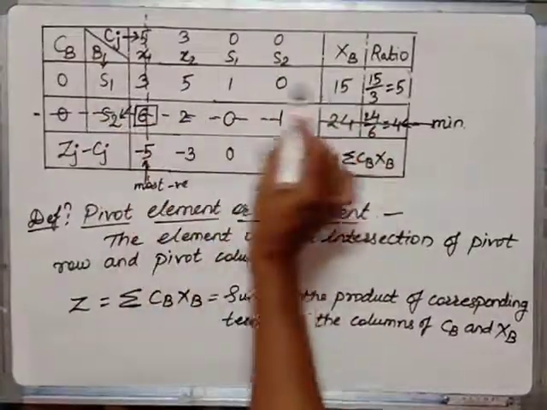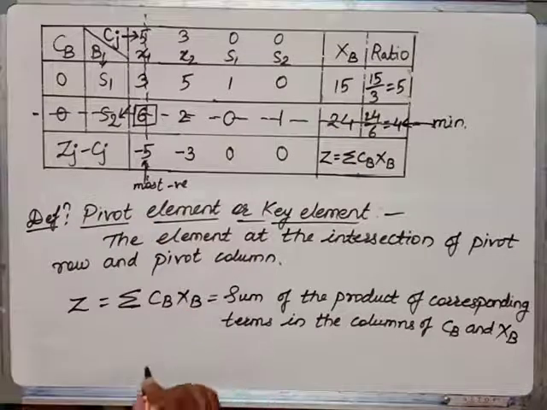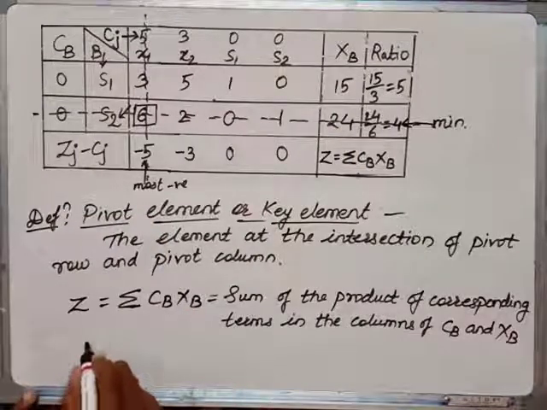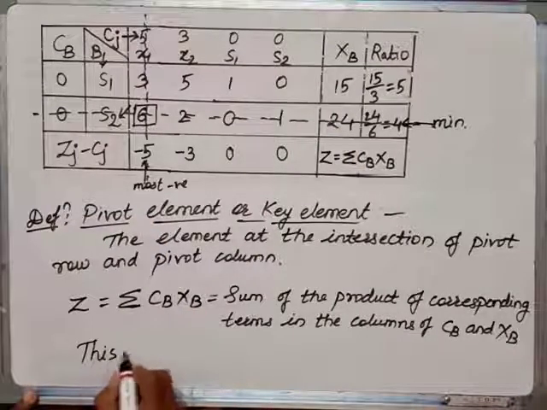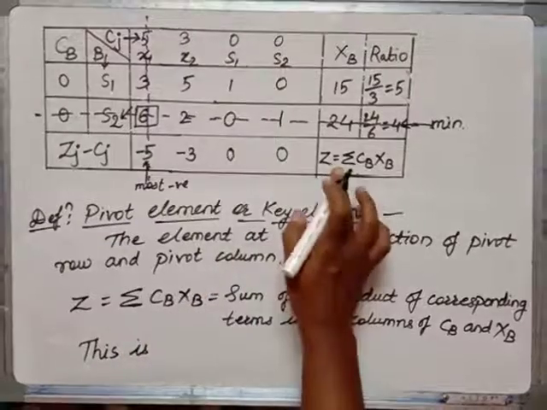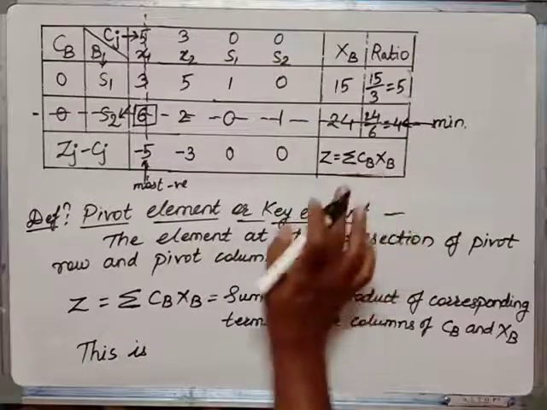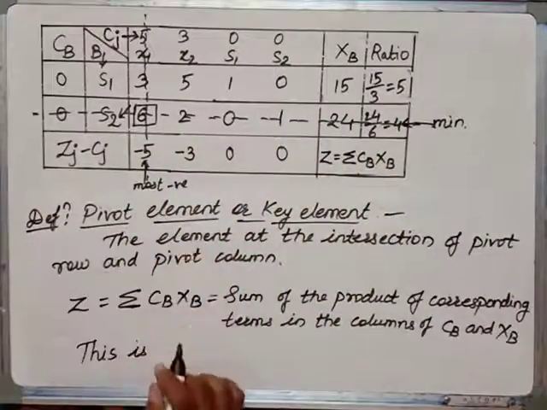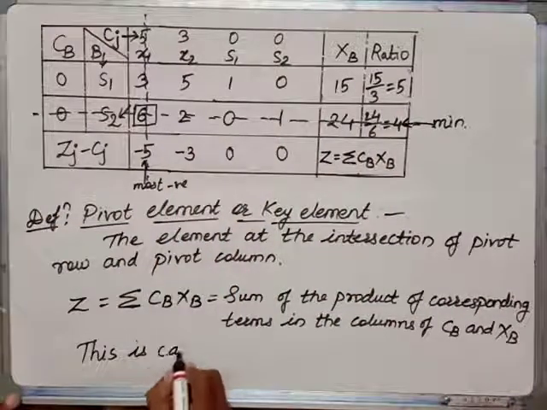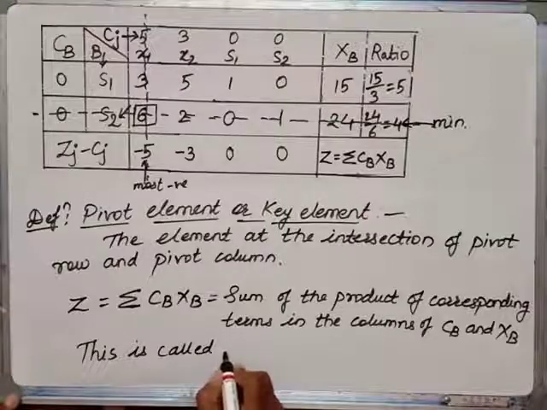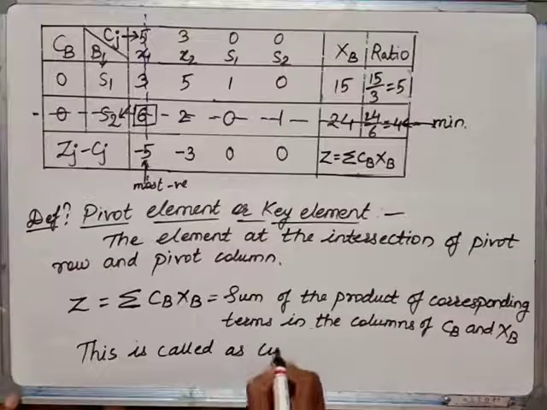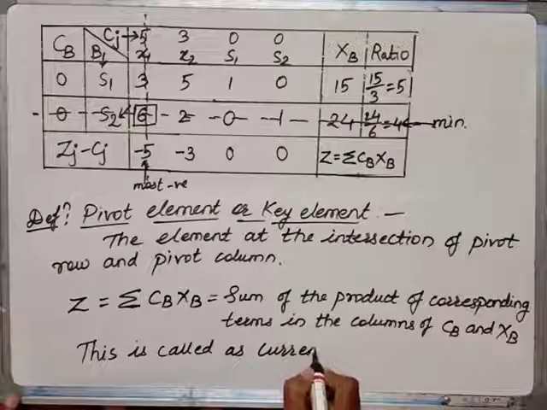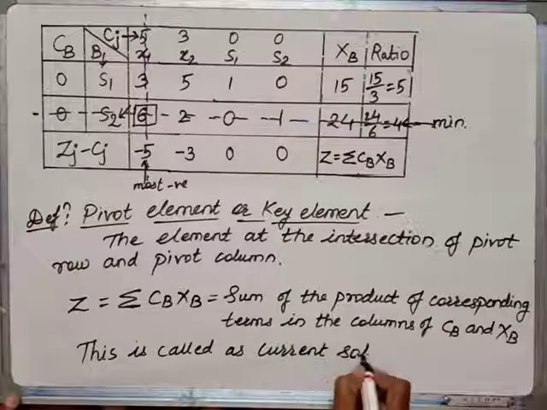Here Z is equal to 0, so that is the current solution. This is just an initial basic feasible solution, so this is called the current solution to that problem.